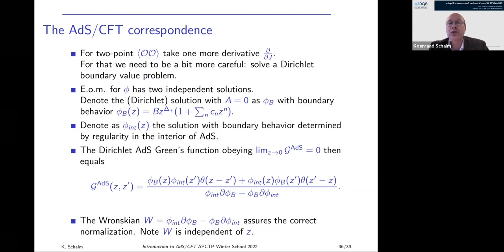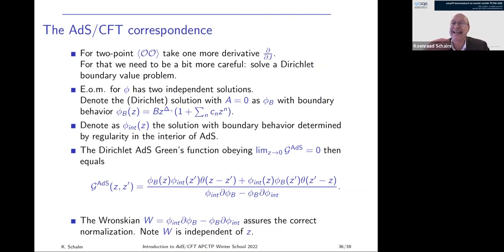So the equation of motion for phi, as we saw, has 2 independent solutions, and strictly speaking, the Dirichlet solution, as I said, is the solution where the boundary value does not fluctuate. So that has to be the solution where A is 0, right? Because remember, the solution where A is finite has support at the boundary. In fact, for generic D minus, it actually blows up near Z is 0.